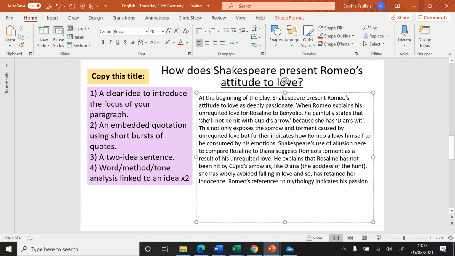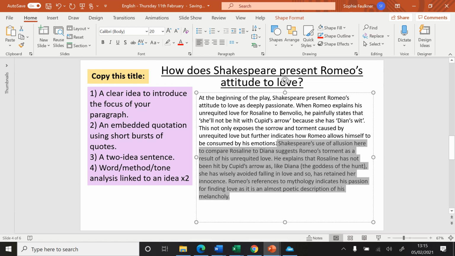Now, this is me linking back for finding love, as it is an almost, I would say, poetic description of his melancholy. So that is my method analysis. Look how much of my paragraph that takes up.